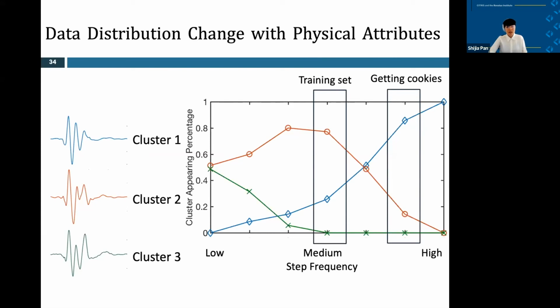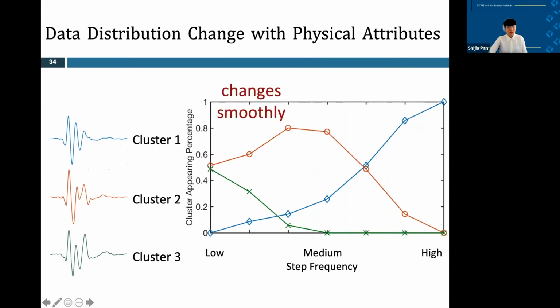So we actually tested the model with more cluster 1 footsteps, on a model that's built on mostly cluster 2 footsteps. Another observation here is that the distribution for each cluster changes smoothly over the different walking speeds. So let's just keep this observation in mind for now.